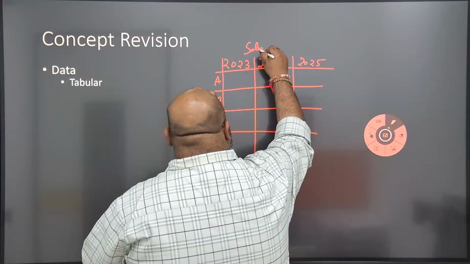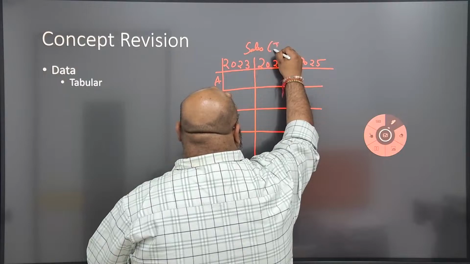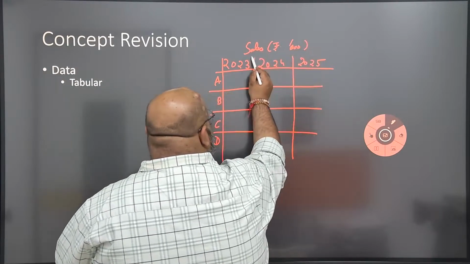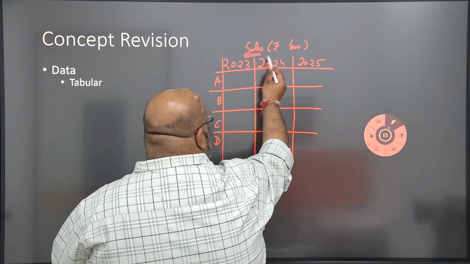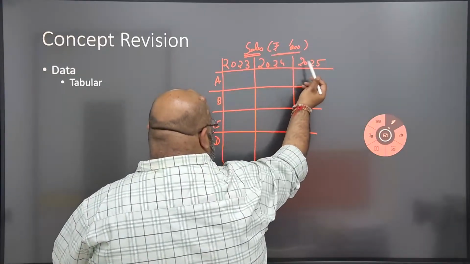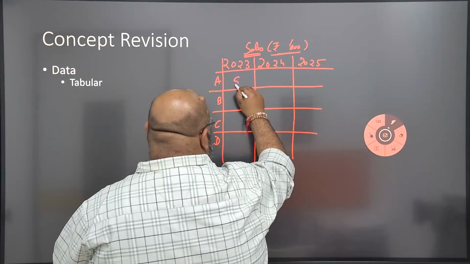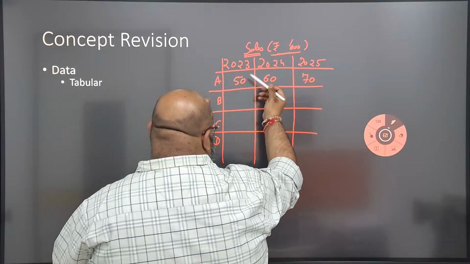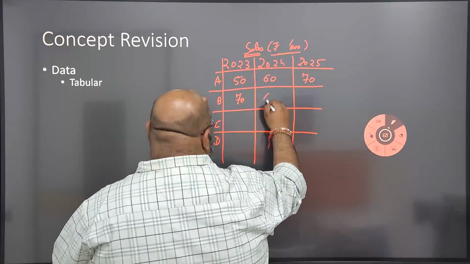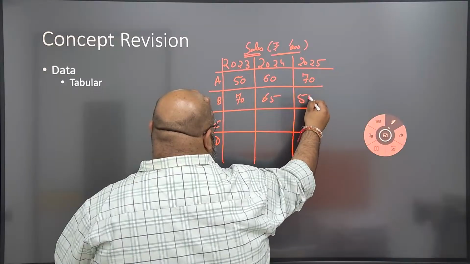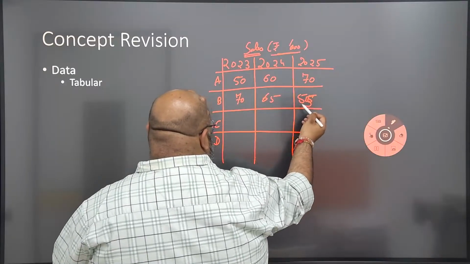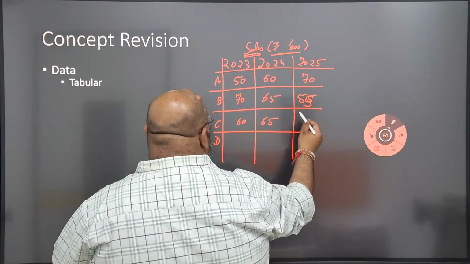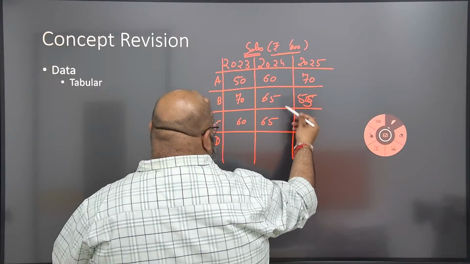I am sharing the information on sales, which is in rupees thousands. So this becomes the heading of the table and the unit of the data. Suppose the sales for A is 50,000, increases to 60, goes up to 70. For B, it is 70, decreases to 65, goes down to 55. For C, suppose it starts from 60, goes up to 65, and then goes up to 75,000.